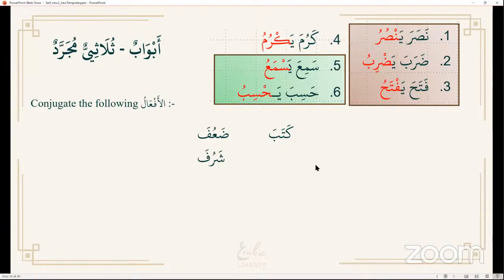Sharufa. This is also simple. Yashrufu. Good. Sharufa yashrufu. Sabaha.